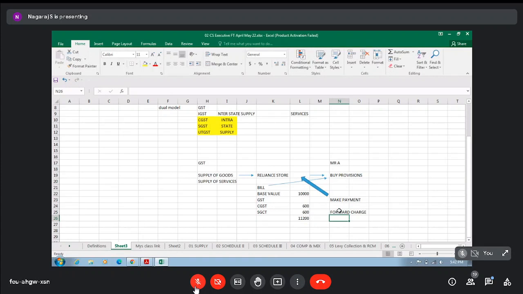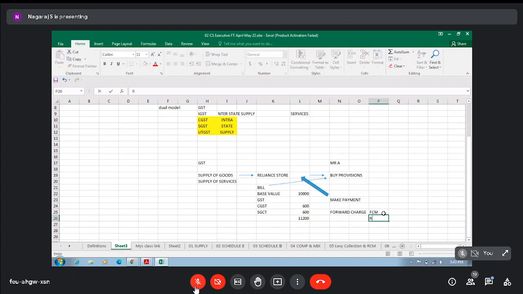In short, we call it FCM, forward charge mechanism.